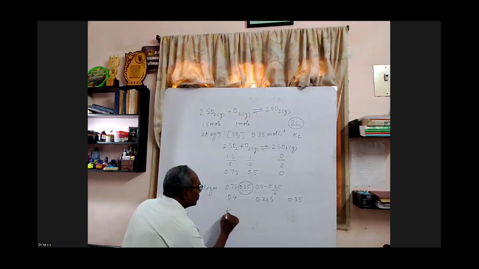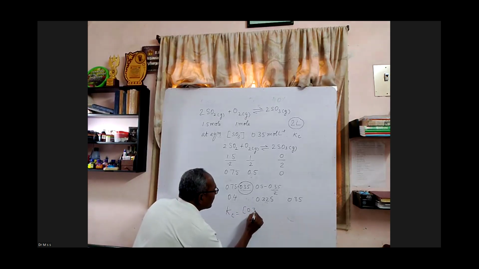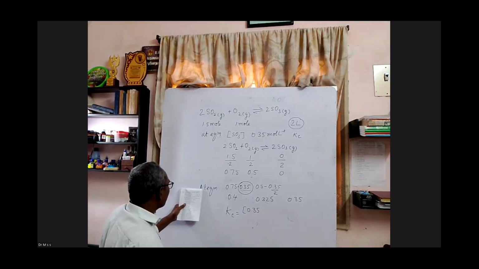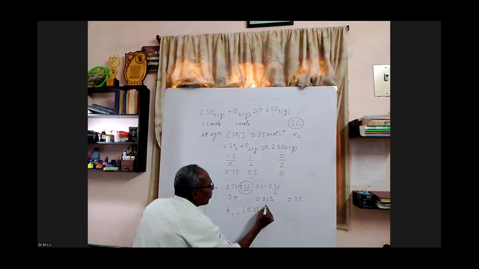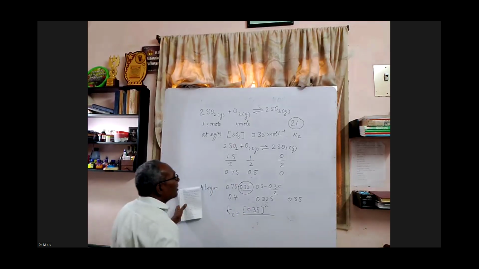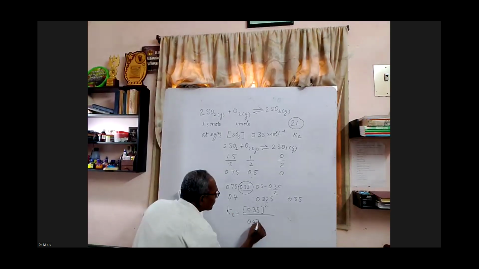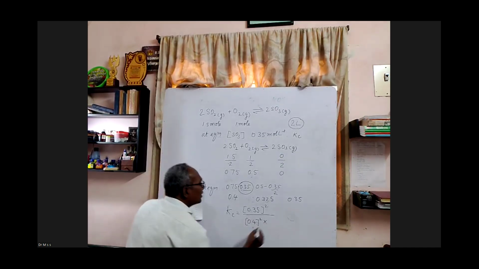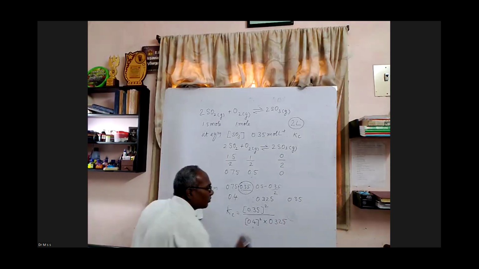Therefore, the Kc value is 0.35 SO3 square, concentration of SO3 square divided by 0.4 concentration of SO2 square multiplied by the concentration of oxygen 0.325.